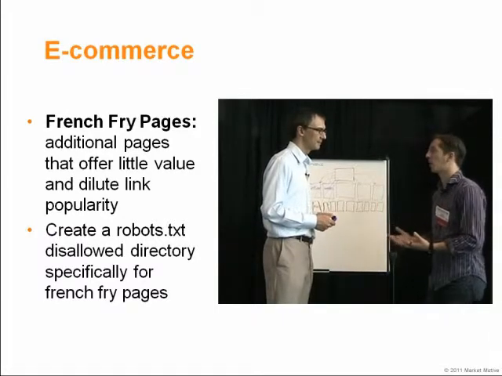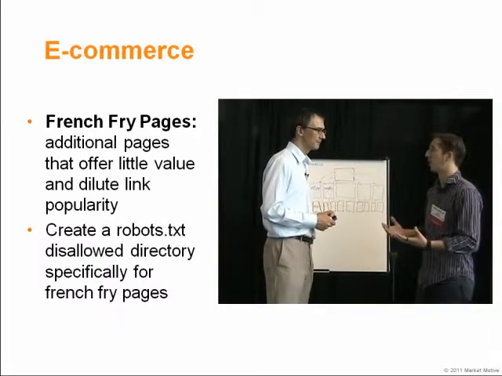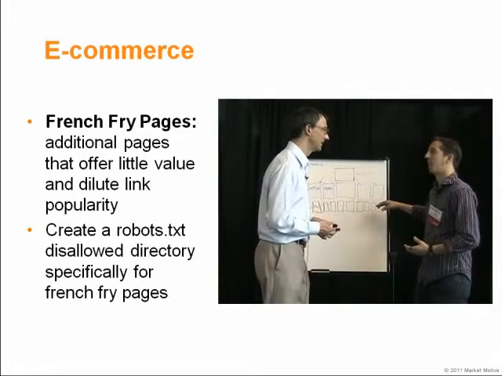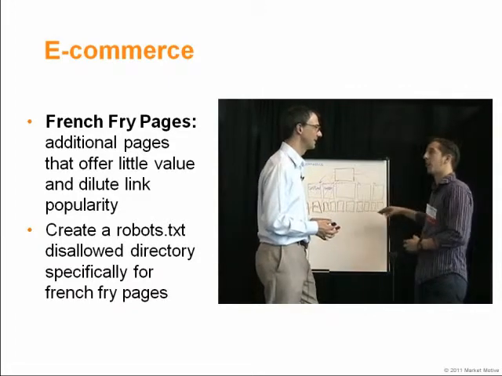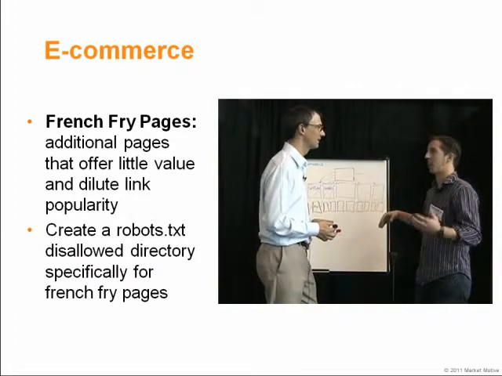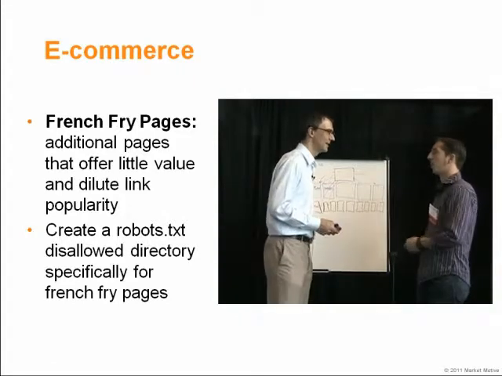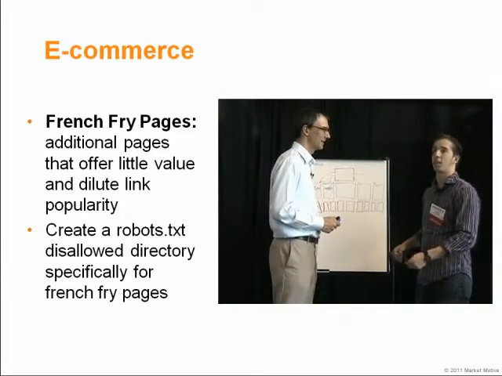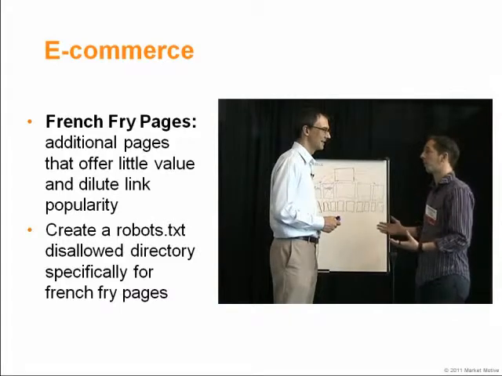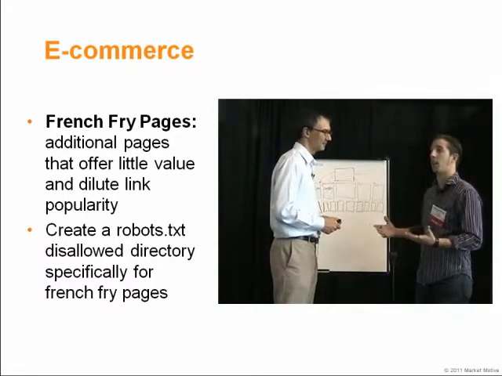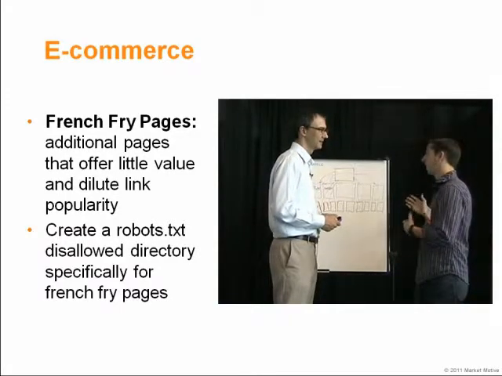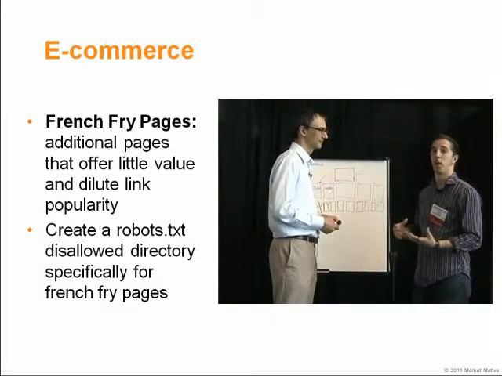Where the term comes from is, would you like some fries with that? So you have your hamburger here. Nobody's going to search for fries on a search engine, we'll just say. And I'll give a better example in a second. But we're just saying, would you like some fries with that? Nobody's going to come through a search for fries. Right. Just as the example. And so that's where the term French fry page comes from.